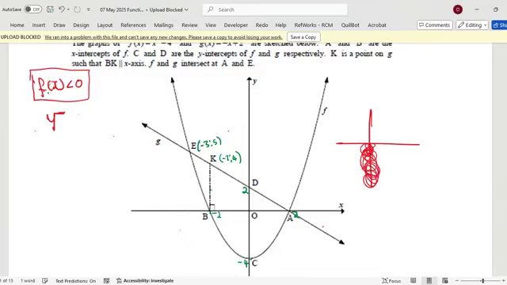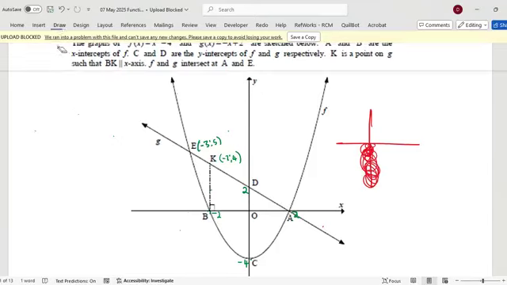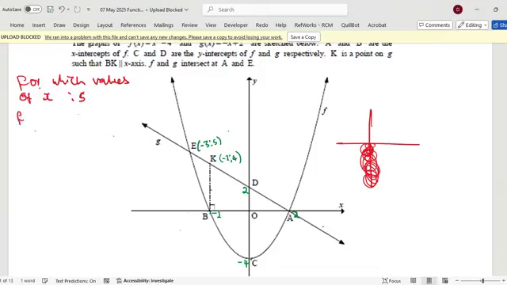But now, when we answer the question that says, for which values of x is f of x less than 0?